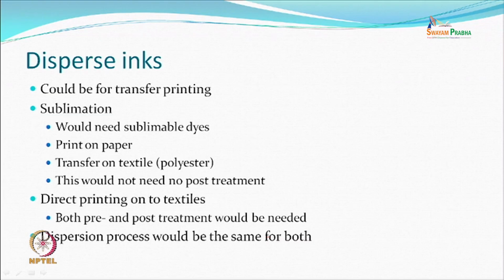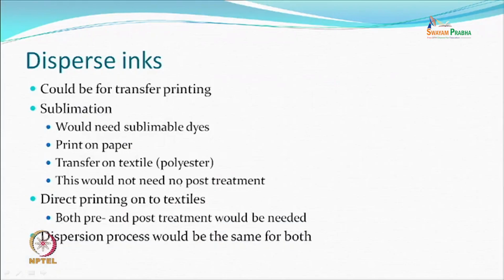The other is the direct printing onto textiles. In case you are doing only sublimation, then at least the post treatment is not so much required. But when you do the direct printing onto textiles, both pre-treatment and post treatment would be needed. As far as the process of dispersion is concerned, it is the same for both types of inks.